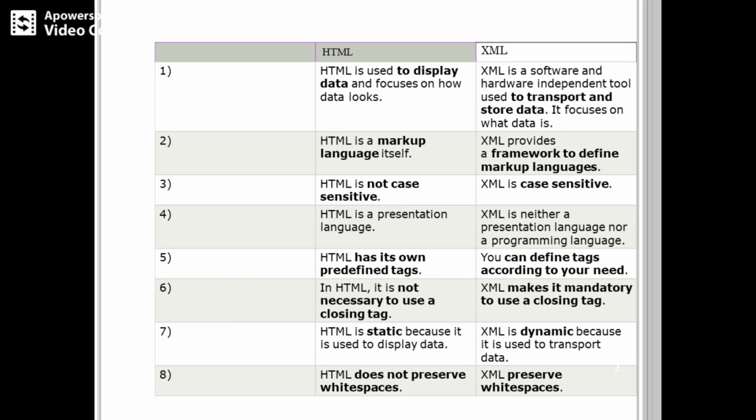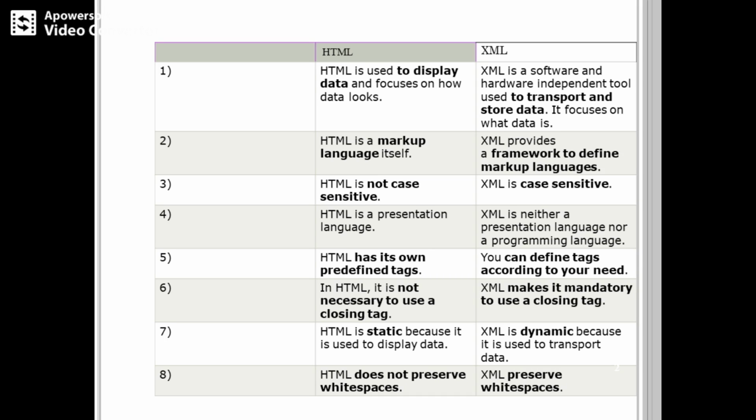Let's compare the differences between HTML and XML. The first point is about displaying data. HTML is focused on how data looks, that is, it concentrates on presentation, whereas XML is mainly targeted to transport and store data. It focuses on the meaning of the data.